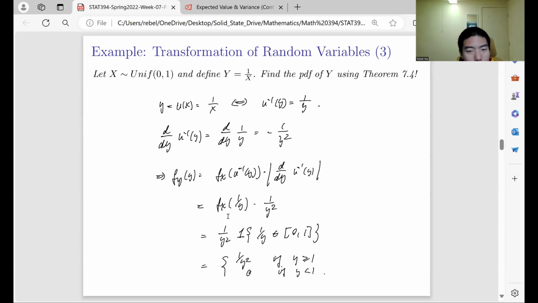And what's the PDF? The PDF is 1. How can we find that out? Because it's uniformly distributed, the PDF of x at the place of 1 over y is 1, just like anywhere else in the interval. And so what happened to 1 over y squared?